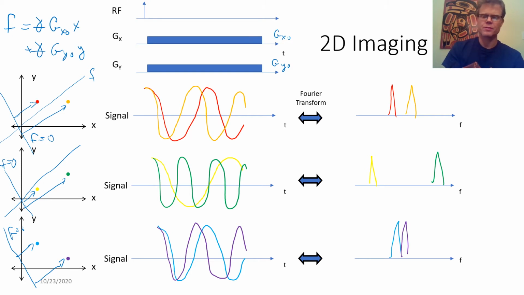And now with this gradient on in two directions, we can start to distinguish the second and the third configuration. And you can think of this as basically a simple version of what the imaging problem is. The imaging problem is basically to differentiate different locations or different configurations of sources of signal.